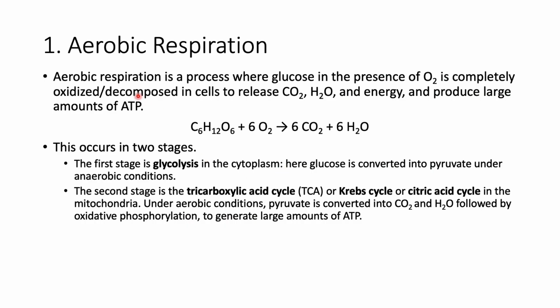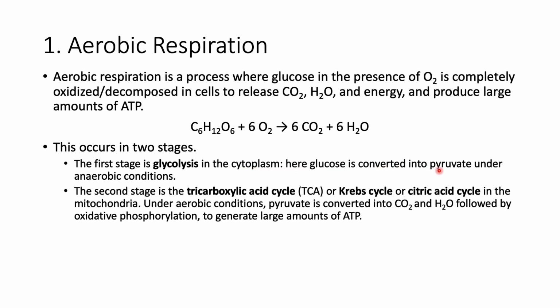The first reaction is aerobic respiration. Aerobic respiration is a process where glucose in the presence of oxygen is completely oxidized or decomposed in the cell to release carbon dioxide, water and energy. This is a common reaction most people have already studied, and it produces a large amount of ATP. The reaction occurs in 2 stages. One is the glycolysis reaction, which occurs in the cytoplasm.